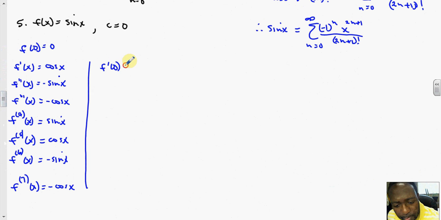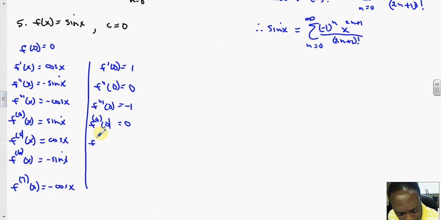So f prime at 0 is 1. F double prime at 0 is 0. F triple prime at 0 is negative 1. The fourth derivative evaluated at 0 is 0. The fifth derivative evaluated at 0 is 1.